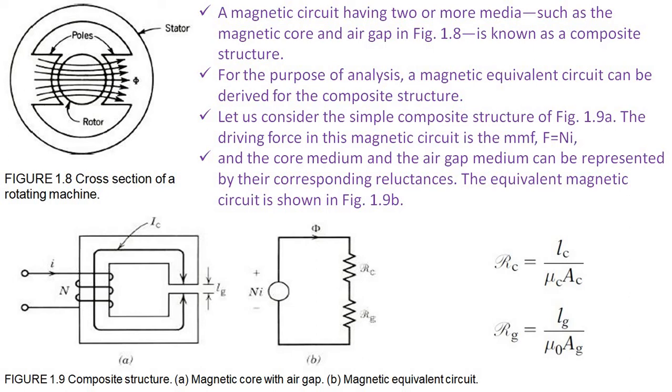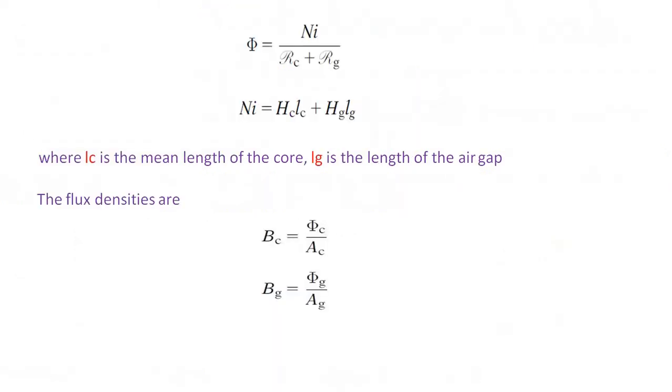The next one, Rg, the air gap reluctance, is equal to Lg divided by mu naught into Ag. Here flux is equal to MMF divided by reluctance. Here MMF means N into I divided by Rc plus Rg.